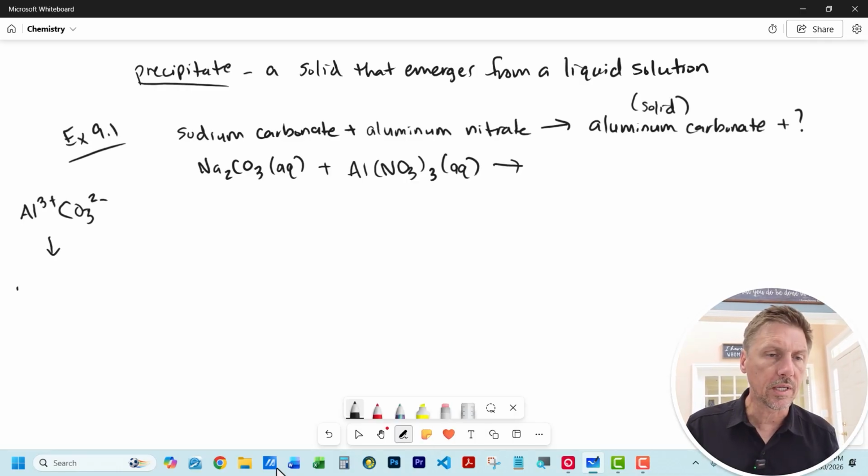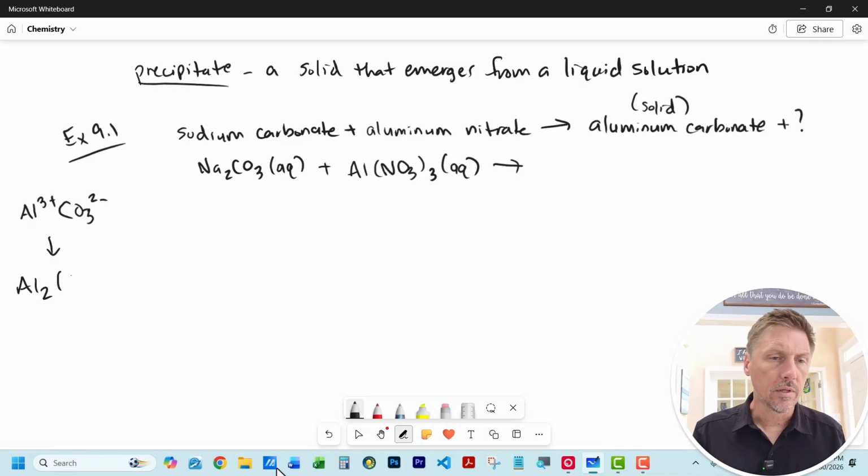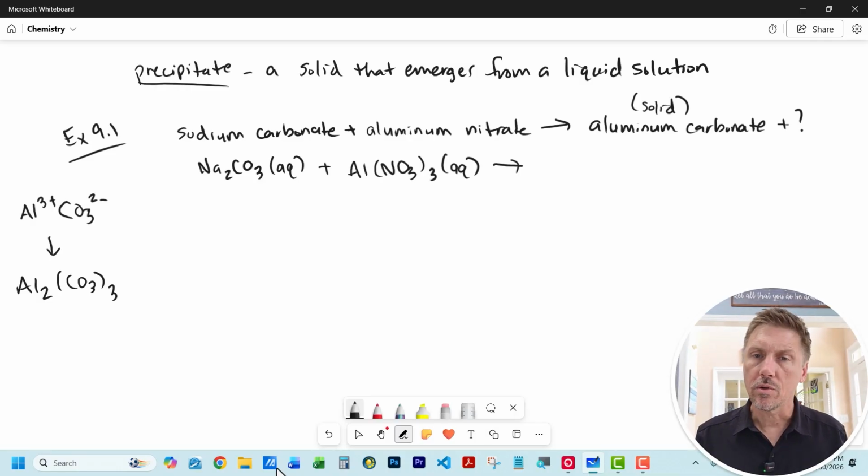We swap and drop to get Al2, and then CO3 gets a 3 again. So we're going to have Al2(CO3)3.